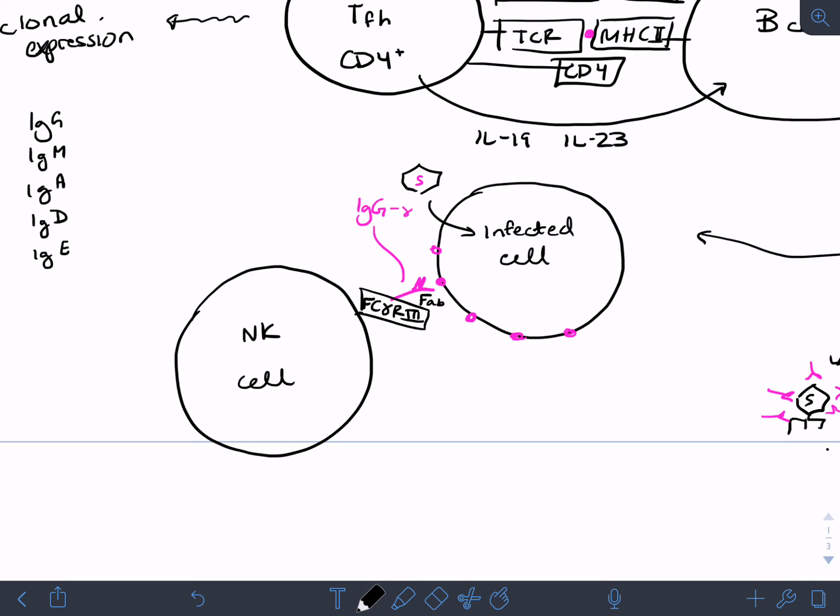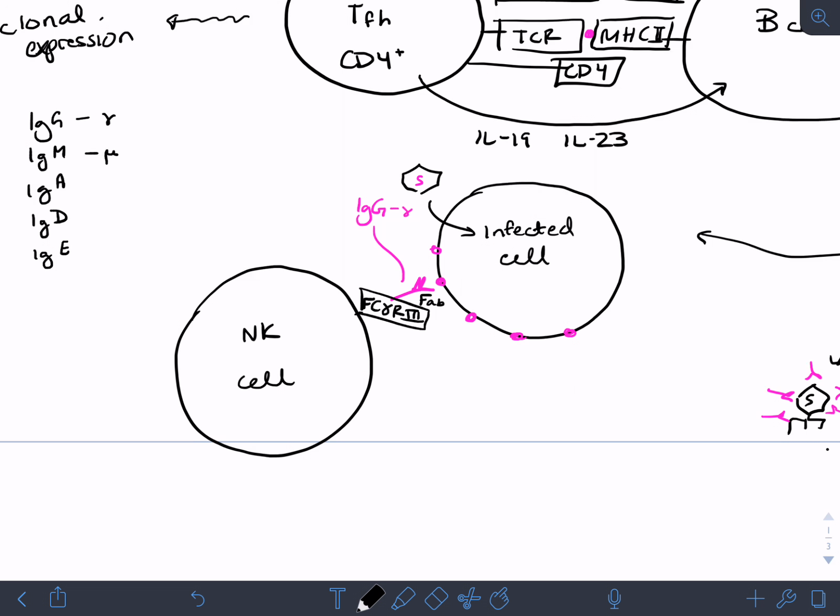And the specific Greek letters associated with them are gamma, mu, alpha, delta, and epsilon, okay? So if you see Fc gamma receptor, you know that it's going to bind to the Fc portion of an IgG, okay? Another name for Fc gamma receptor is CD16.